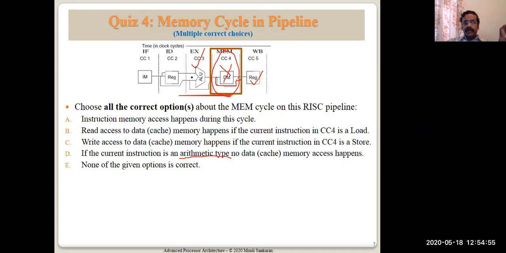The register result, whatever was computed here, will be passed down to the write back stage. So there is nothing to do with the data memory, because when an add instruction is getting executed, you don't need to do anything with the data memory. So if the current instruction is an arithmetic type, no data access happens. So this is also a correct answer.